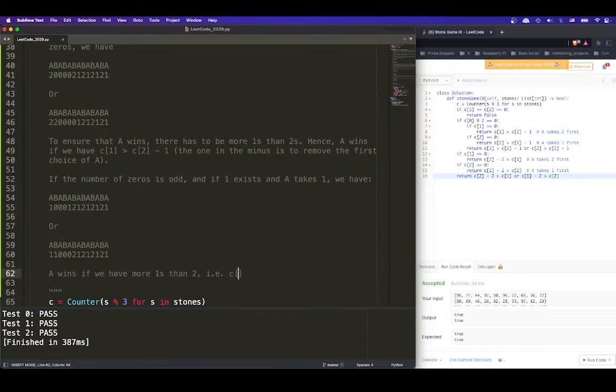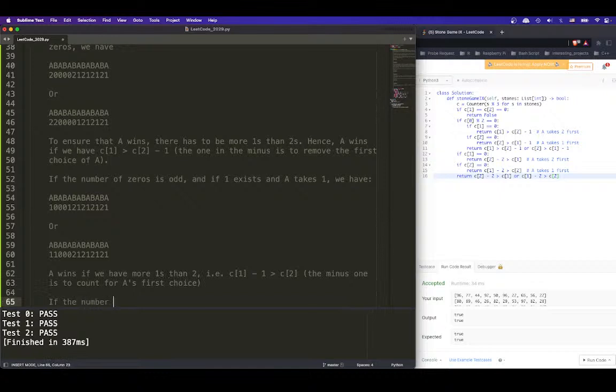That is C1 larger than C2, but C1 has to minus 1. The minus 1 is to count for A's first choice.